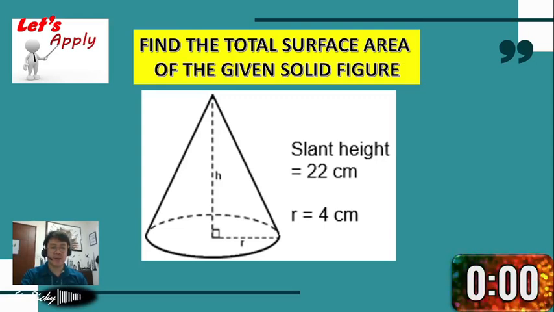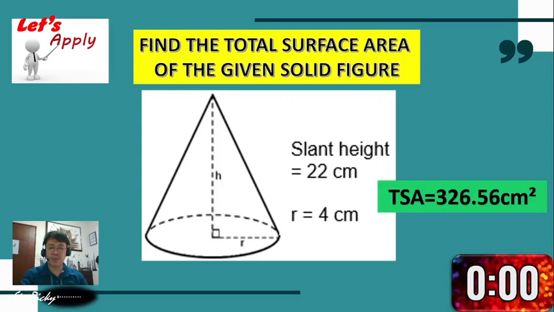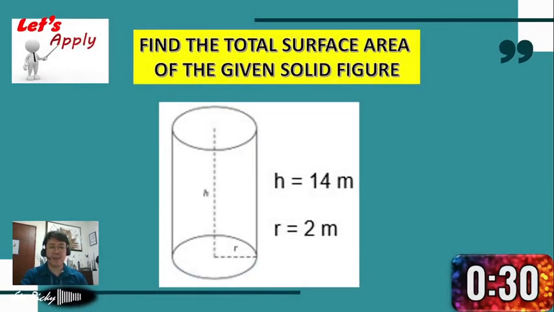Okay, time's up. The correct answer is total surface area is equal to 326.56 square centimeters. Then the next one is: find the total surface area of the given solid figure, which is a cylinder. Your 30 seconds starts now.